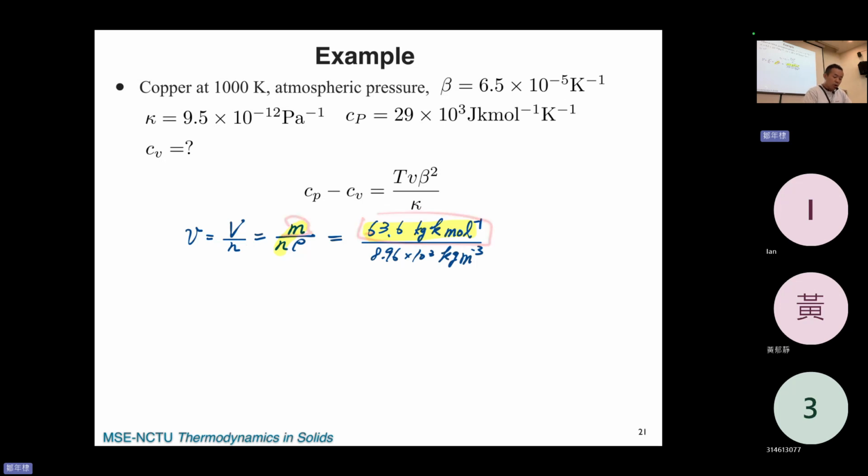All right, even though I didn't provide it here, you can Google it and obtain the material properties. All right, of course this is not an exam.